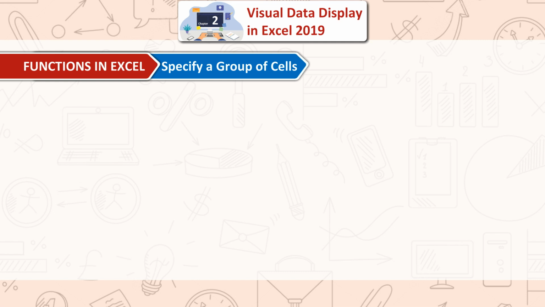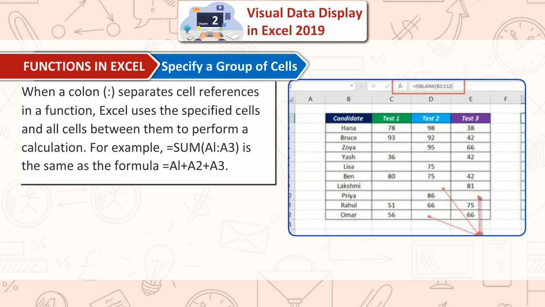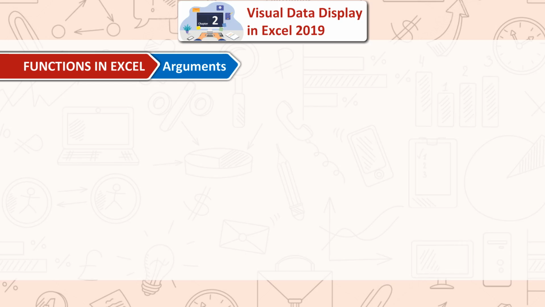Specify a group of cells. When a colon separates cell references in a function, Excel uses the specified cells and all cells between them to perform a calculation. For example, =SUM(A1:A3) is the same as the formula =A1+A2+A3.